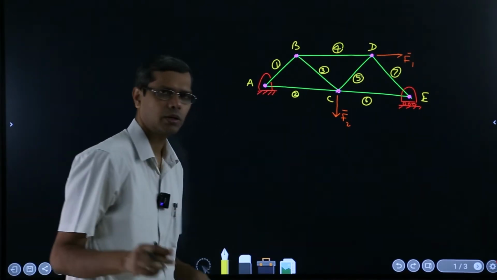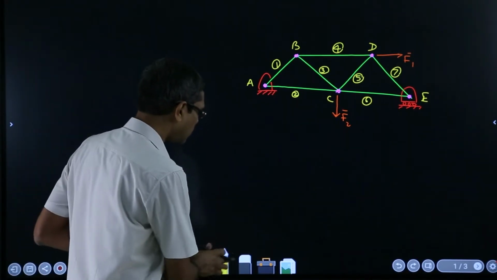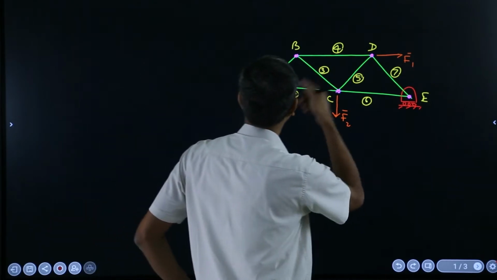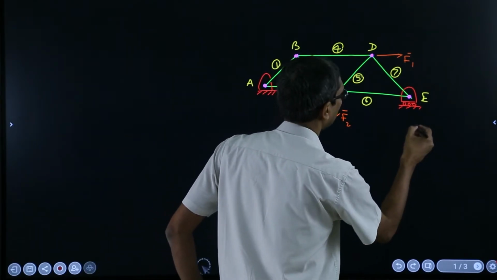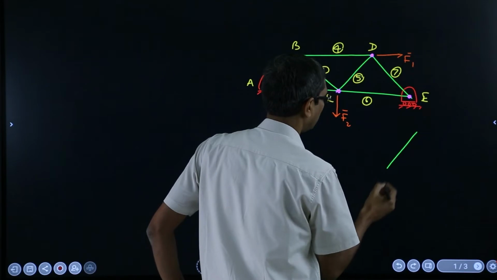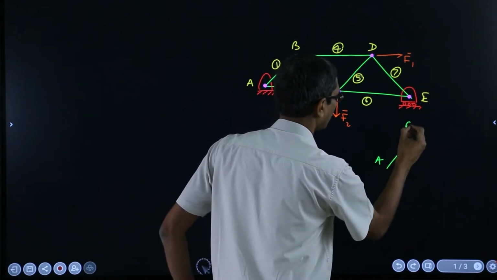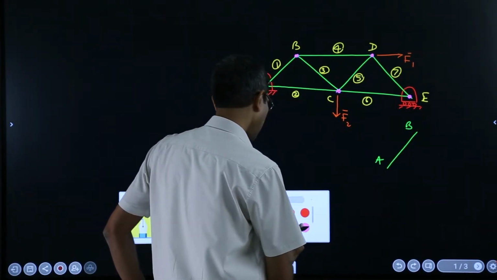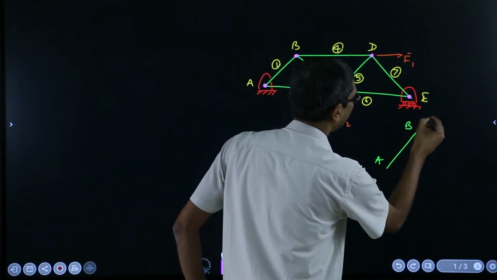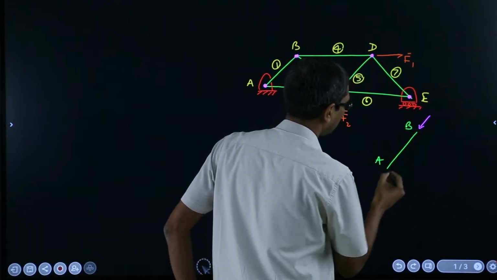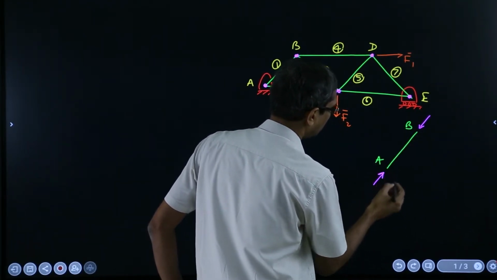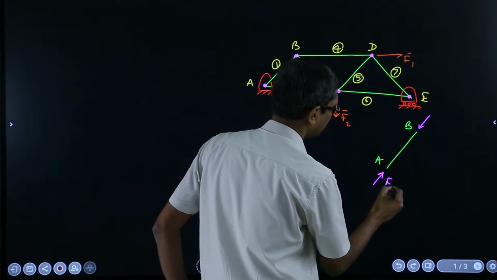Now each member, we said that... suppose I draw the free body diagram of, say, the link AB. AB looks something like that, and we can expect that the forces will be only like this.